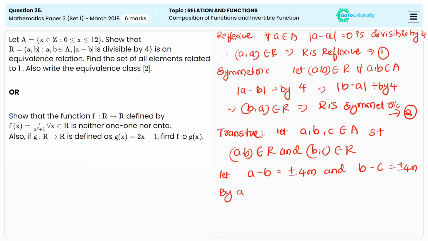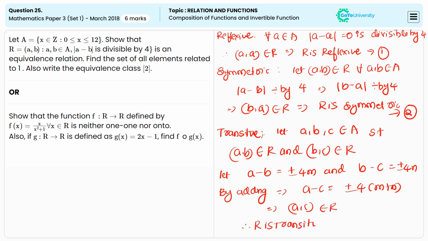So by adding the above equations, we get a minus c is equal to plus or minus 4 times (m plus n), which indicates (a, c) also belongs to the relation. Therefore, we can say R is transitive. Let us take this as the third statement.